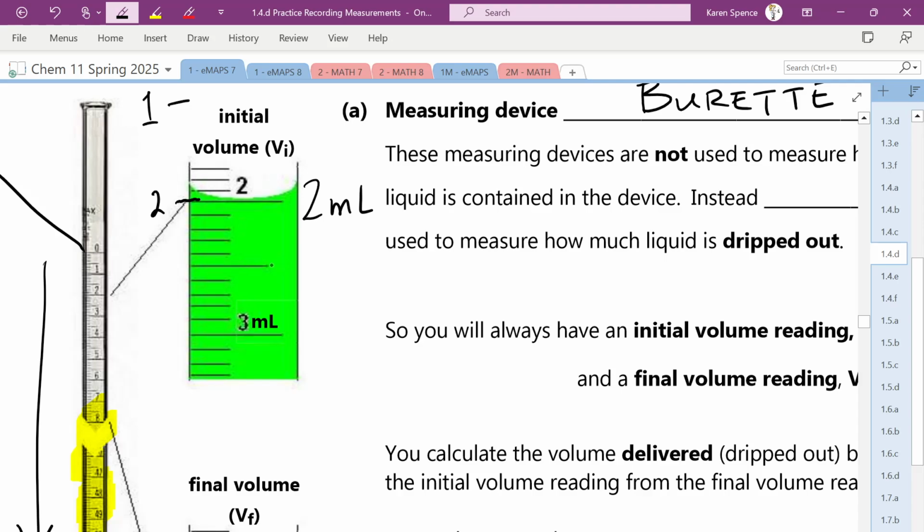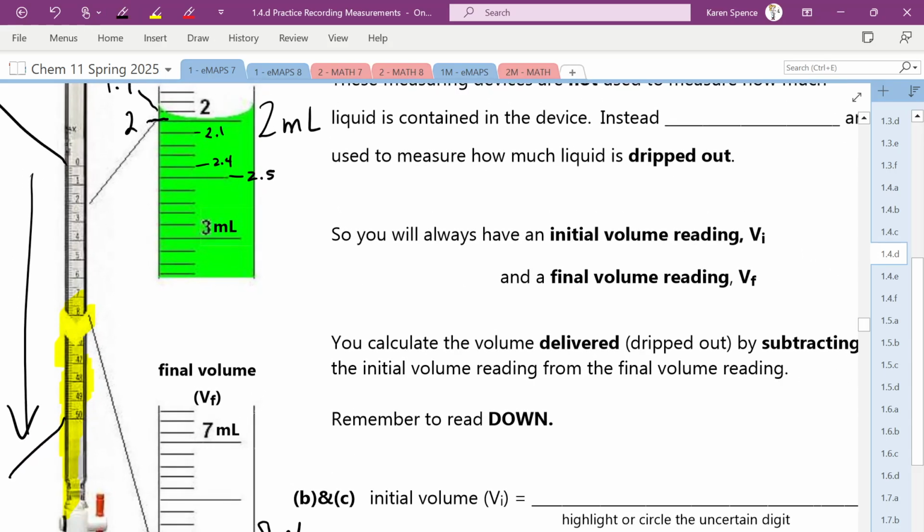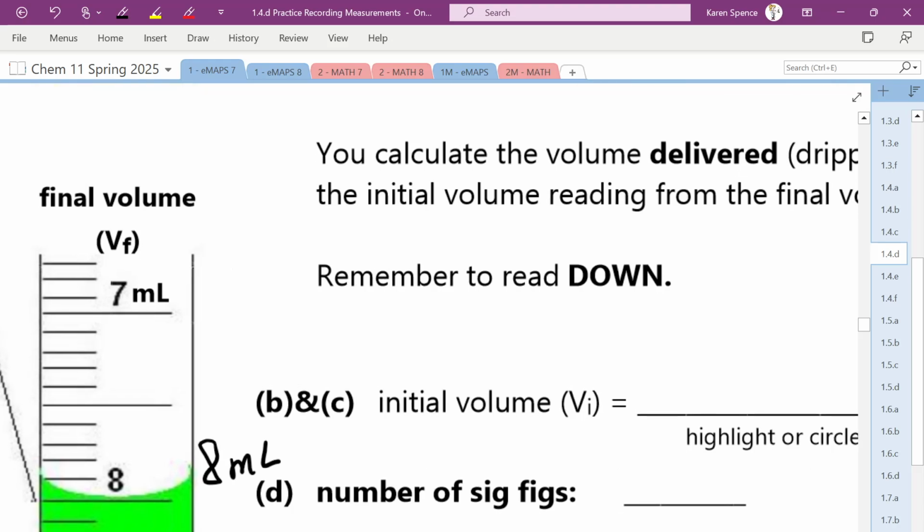Each of these little divisions, how much is that? This is a 2, this is 2.1, so this is 2.4, this is 2.5. So this one here would be 1.9.